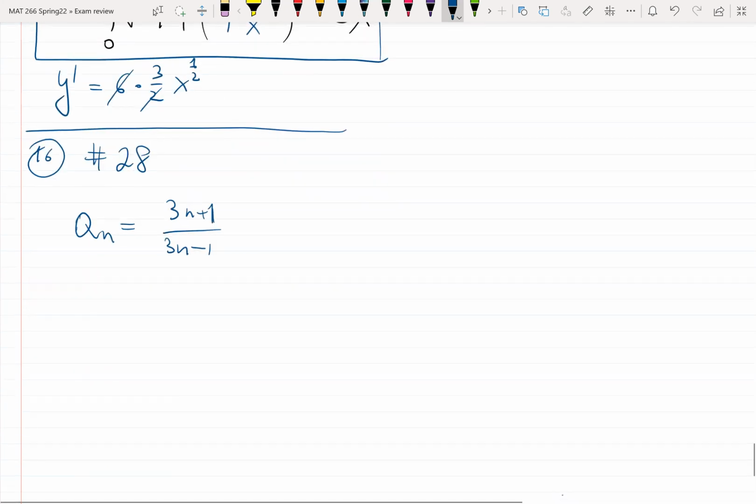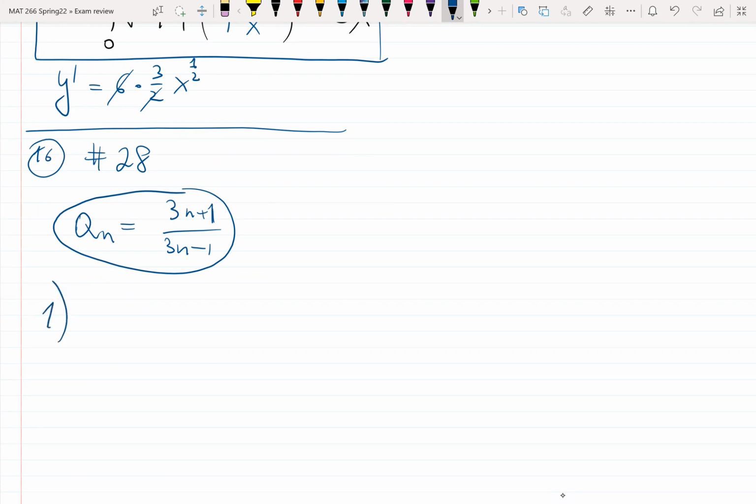So let's see. They gave you this. And now there are two types of questions on the same a sub n. That is important. Question number one, Q1: check if the sequence, and I put it in bold for you on the exam, sequence a sub n, in braces, converges?